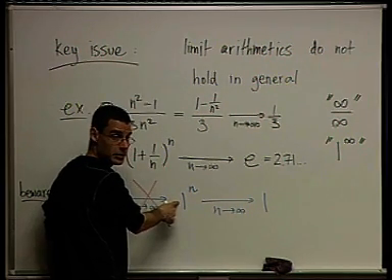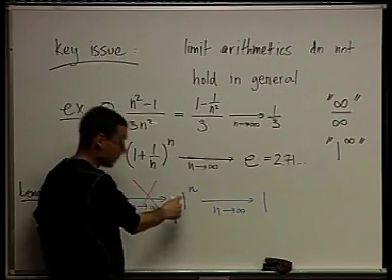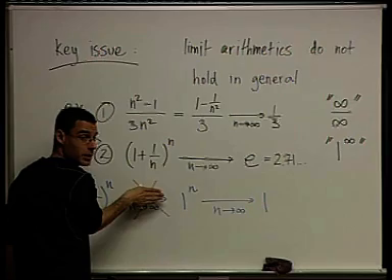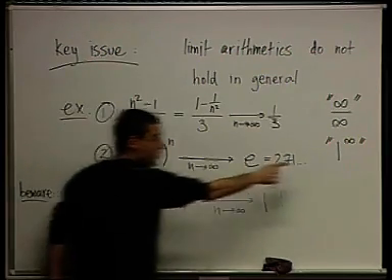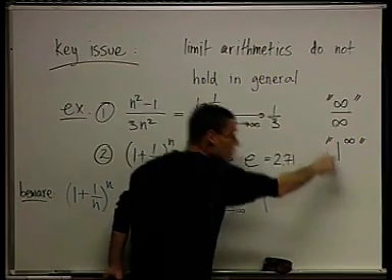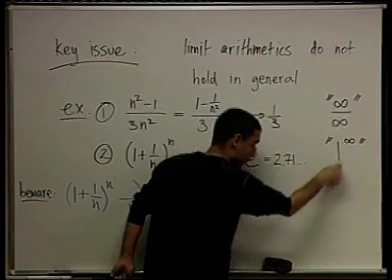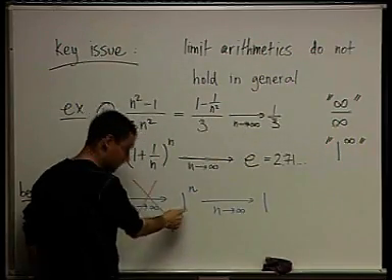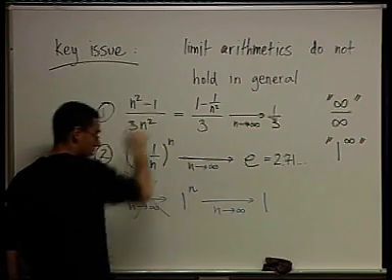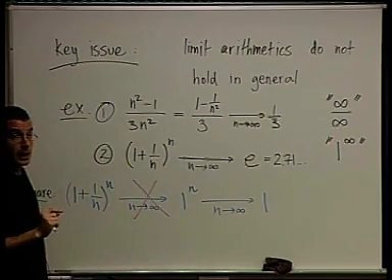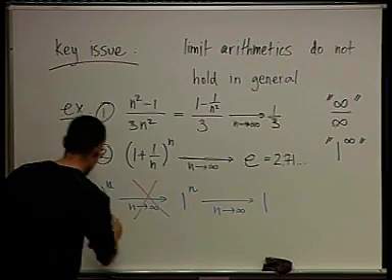What's its second element? 1. Third element? This is just the sequence 1, 1, 1, 1, 1, 1, 1. So this part of it is true. Okay? This is true. When I write the other expression, I mean something that goes to 1 to the power of something that goes to infinity. This is not something that goes to 1, this is just 1. This is something that goes to 1 to the power of something that goes to infinity. Clear? Everybody with me? Okay.